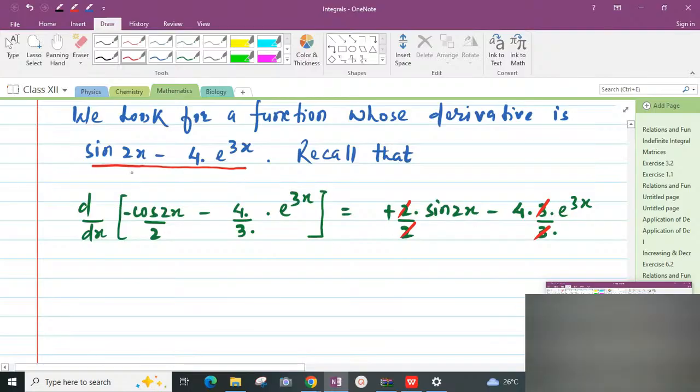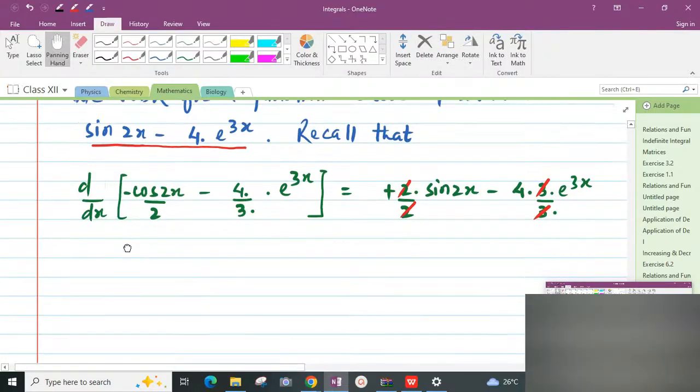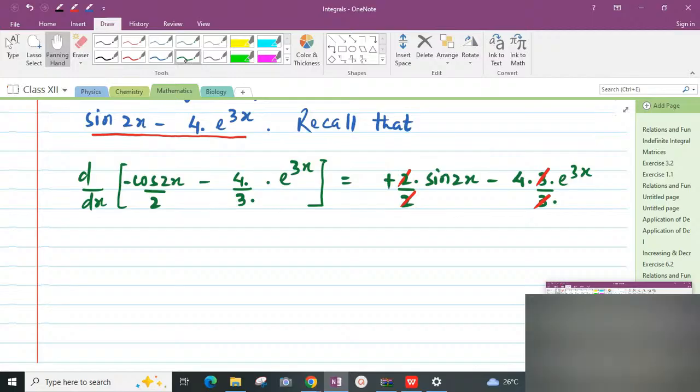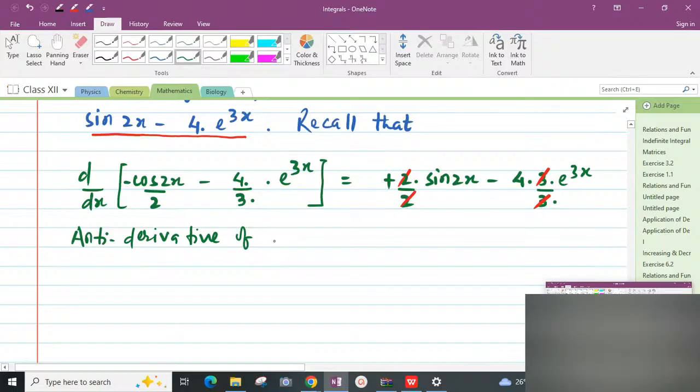Therefore, the antiderivative of sin 2x minus 4 into e to the power 3x is this one.